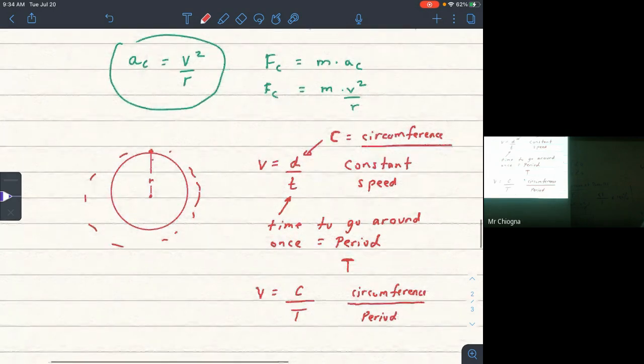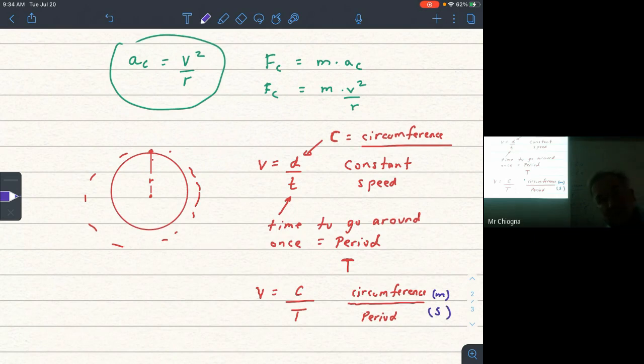Obviously the circumference is in meters and the period is in seconds. So you get the proper units for speed, meters per second.